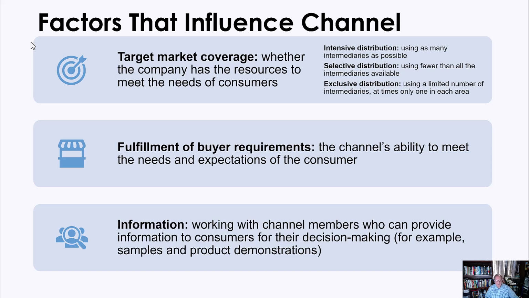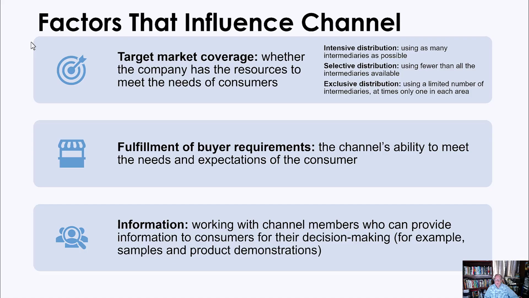Now, when we think about this, we also need to understand what are the buyer's expectations, what are the buyer's wants, and what are the buyer's needs. If I've got a really cheap product, there is nothing wrong with me selling a really cheap product through Dollar General and Walmart.